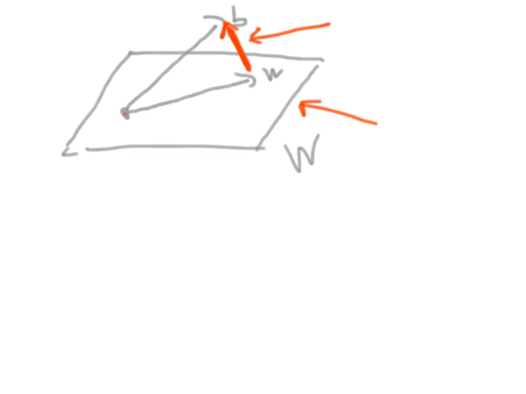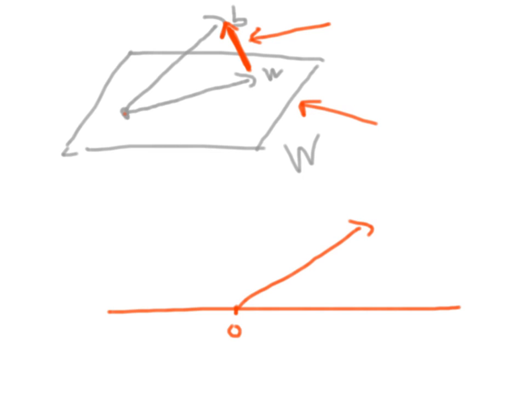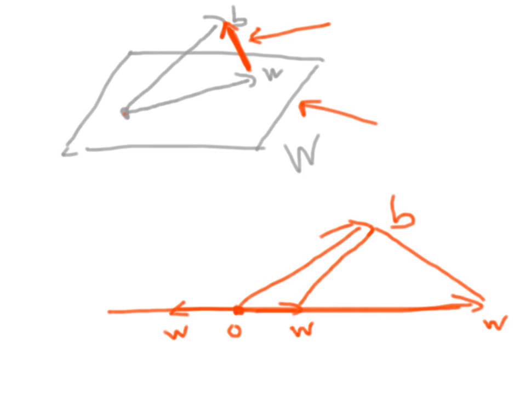So the question is, how can I choose w to minimize this difference? Well, basically, let's reduce by one dimension. If you have something like this, and this is b, and here you have w that you can choose here, or here, or here, and you can see these are all differences, b minus w.